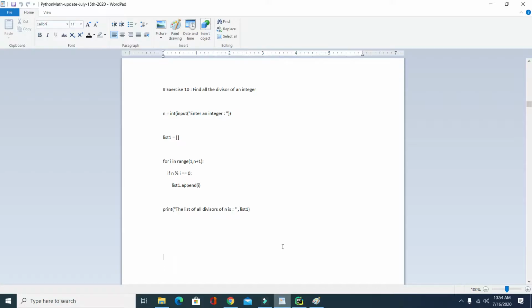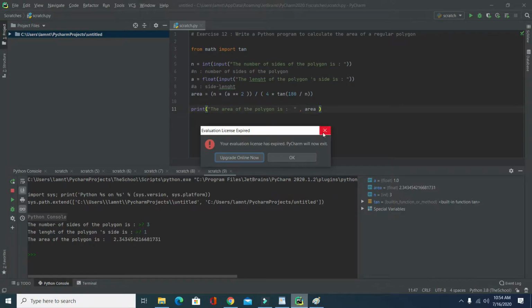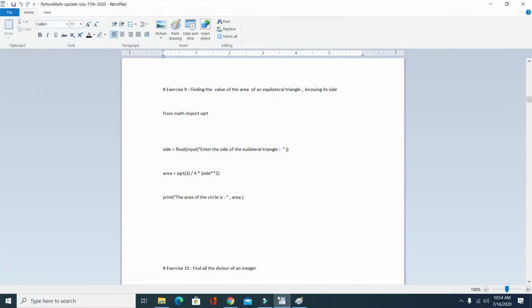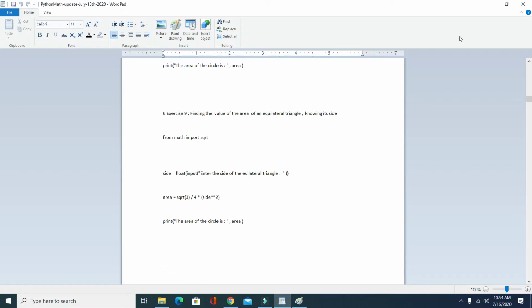I was calculating it correctly, so the square root of 3 over 4 is... okay, I'm going to check it later.